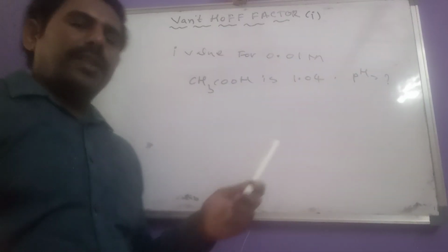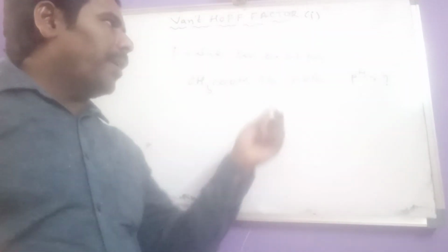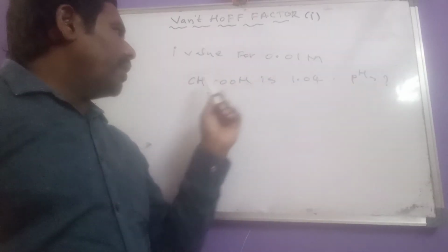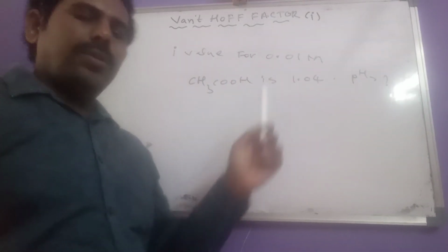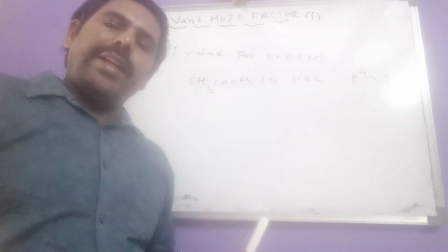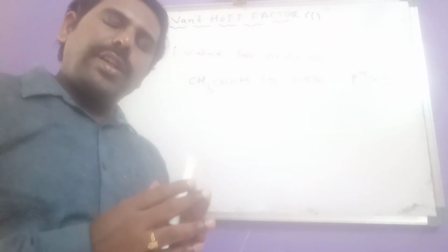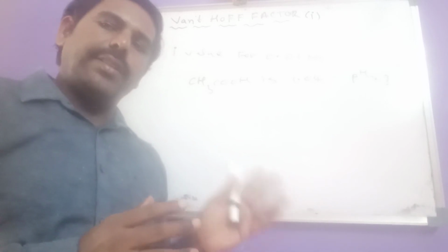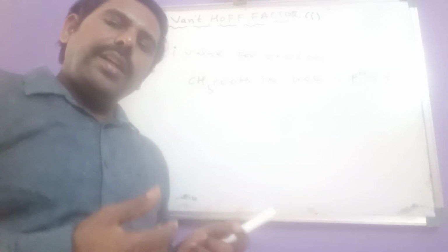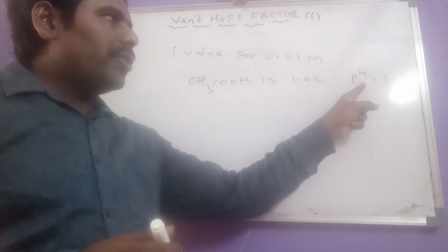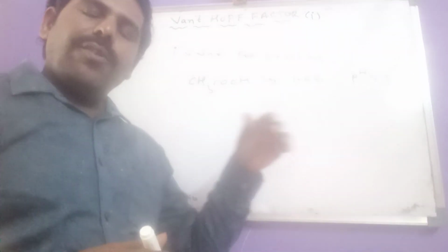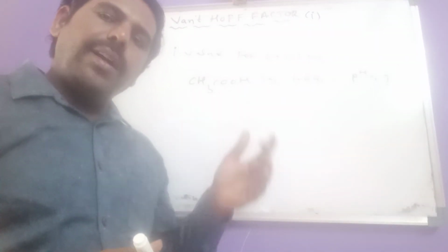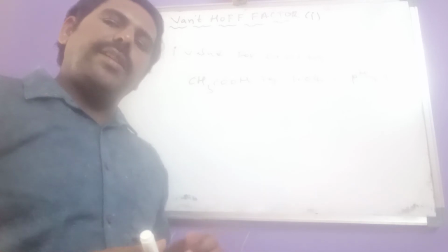So here, what factors have they given in the problem? Concentration and i value, both values are given. We need to determine pH. So first we have to create a route map to solve this. If you want to know the pH, it depends on the H plus ion concentration.